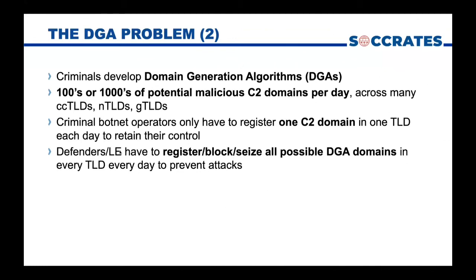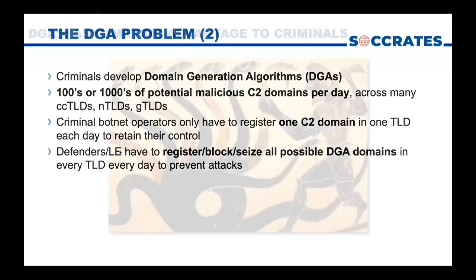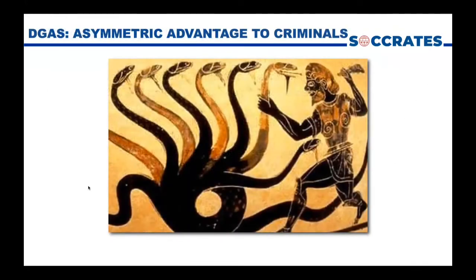And this is all achieved through domain generation algorithms, which are essentially pseudo-random generators of domains that look random, but in reality follow a certain algorithm to generate a domain every day or potentially every month, depending on how the algorithm is set. So DGAs offer an asymmetric advantage to criminals.